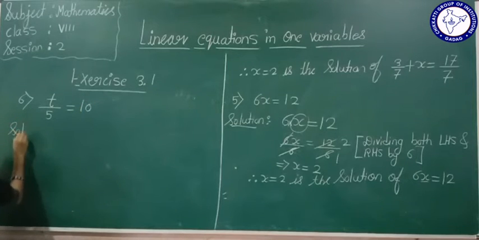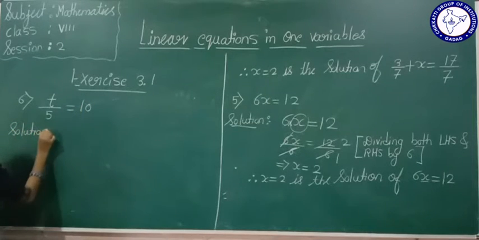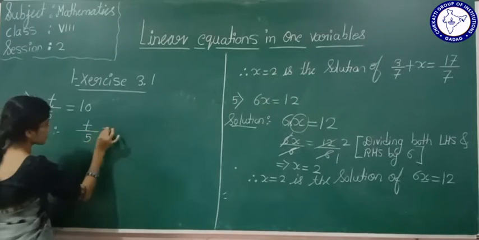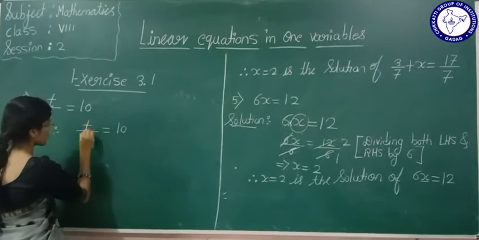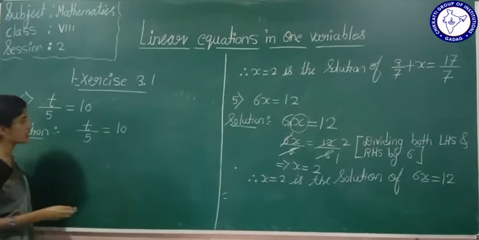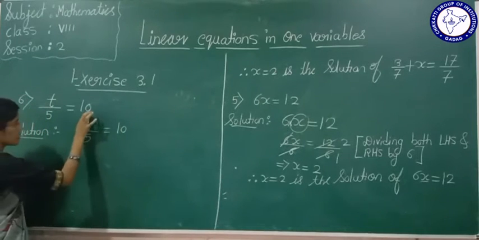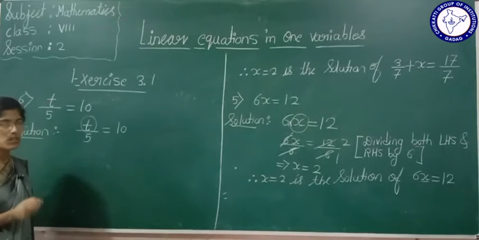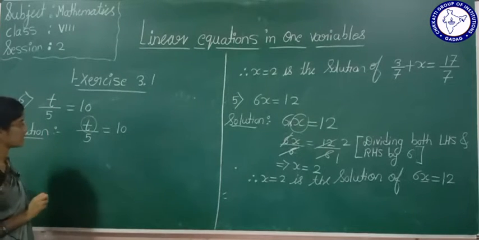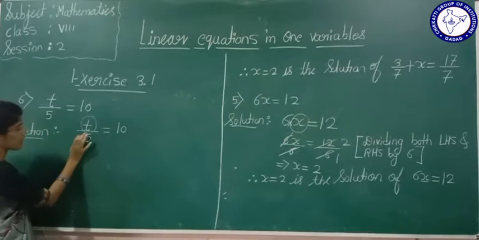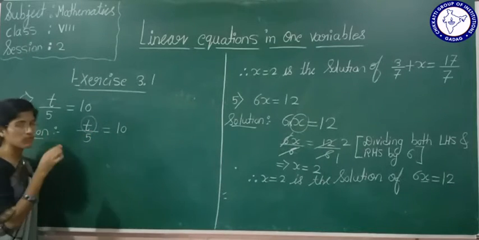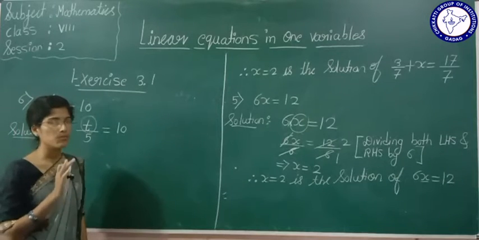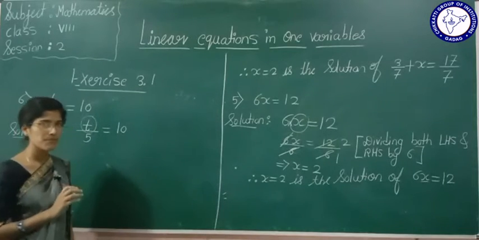See the solution. t by 5 is equal to 10. Now I want the value of t here. What will I do? I don't want this 5. We want to vanish this 5. How can we vanish it? Multiply both LHS and RHS by 5.